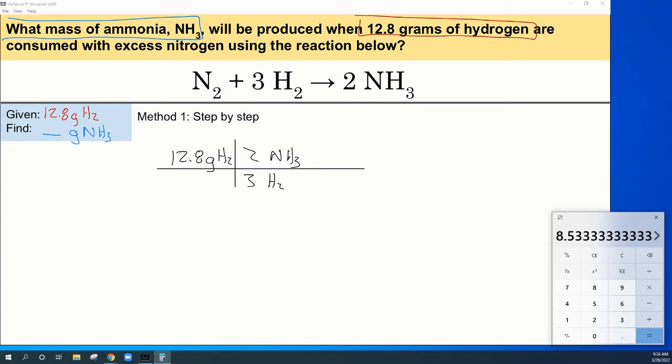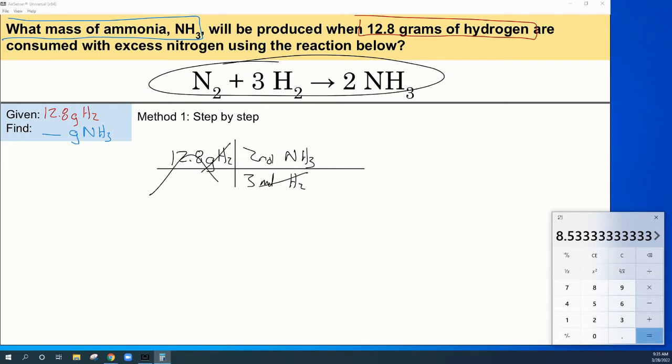The problem with this is without writing your units, that looks correct. But when I write in my proper units from the chemical reaction, remember these mean moles. So moles and moles, that does not cancel off. That does not work.